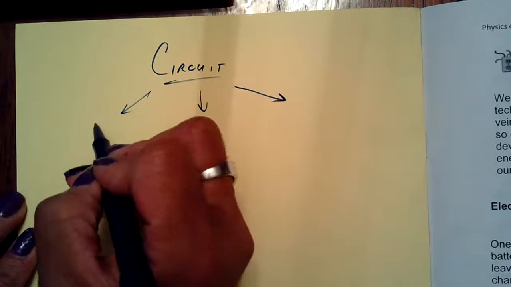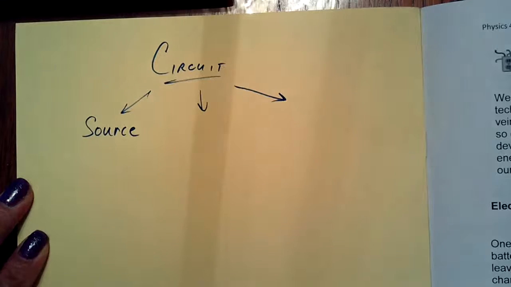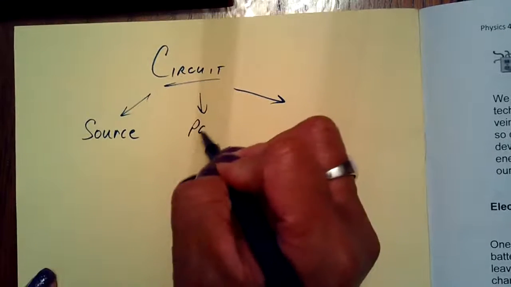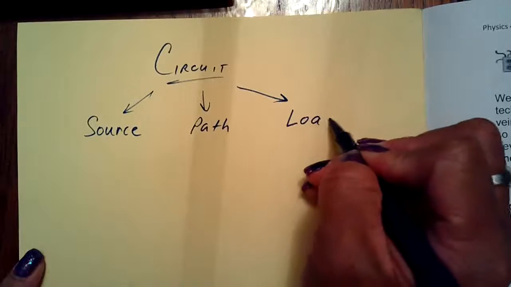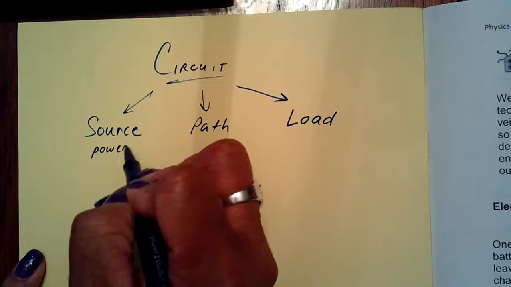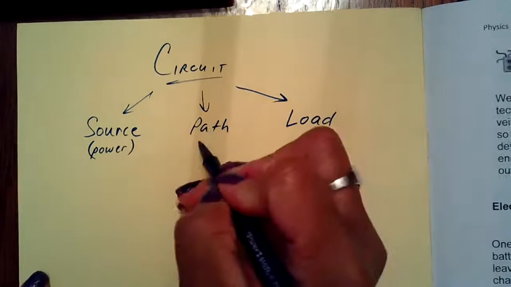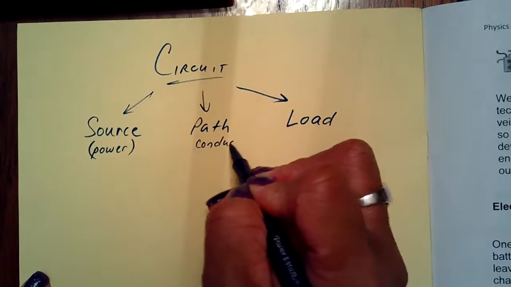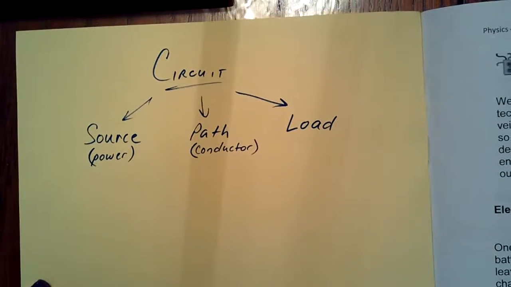You need to have a source. You need to have some power source. You need to have a path. You need to have a load. So source will be where the power is coming from. And the path would be a conductor that allows electrons to freely flow through it.